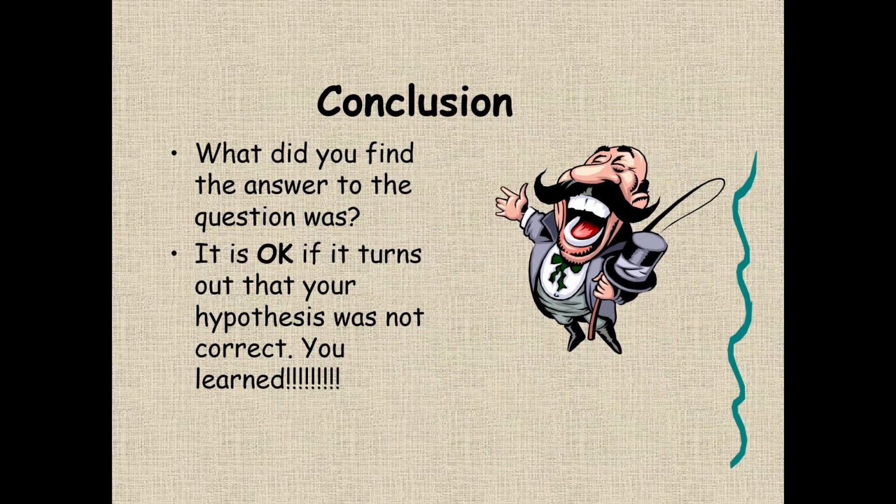Then, last step, conclusion. We have solved the problem. In case the problem is still there, then we change the hypothesis and we conduct the lab again. If it's proved, still we need to repeat our experiment in order to get precise results.